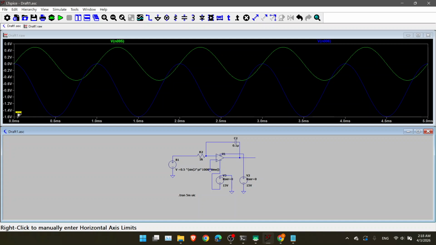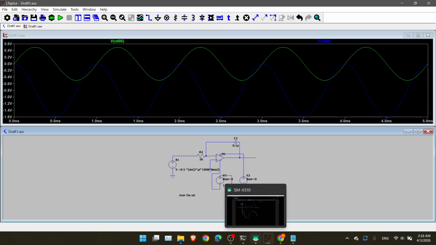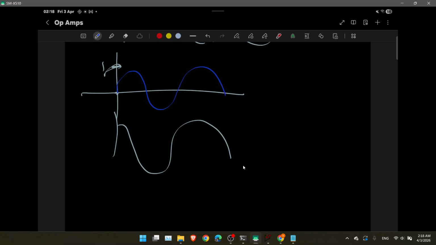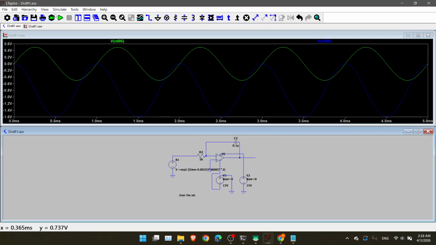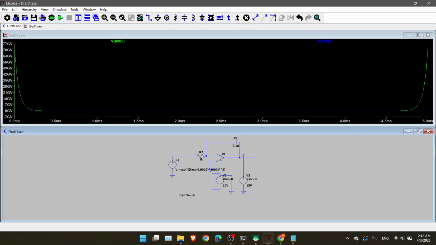Next we find a very interesting function as the input voltage. Running the simulation.